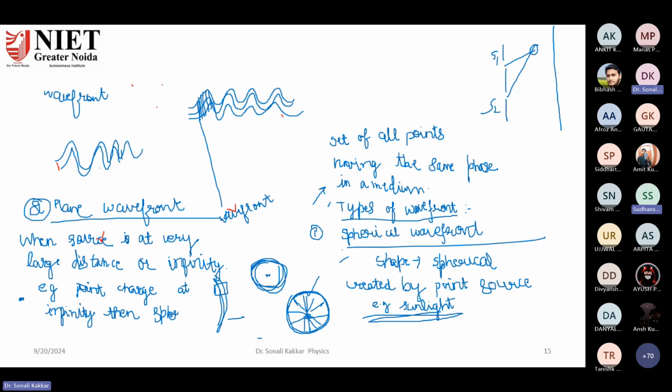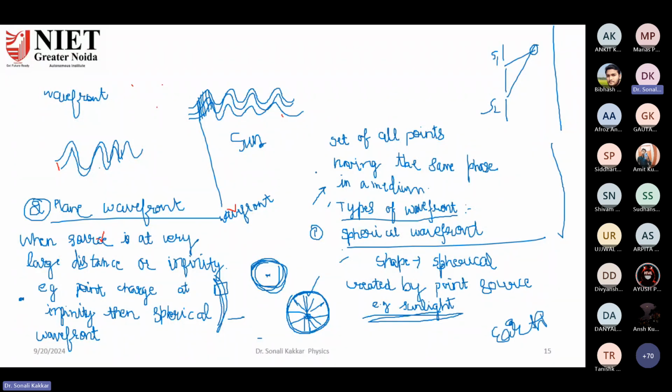You can note this down. How is sunlight a spherical wavefront as well as a plane wavefront? If we are near the sun, the wavefront which the sun emits is spherical, right? Suppose this is sun and this is Earth.